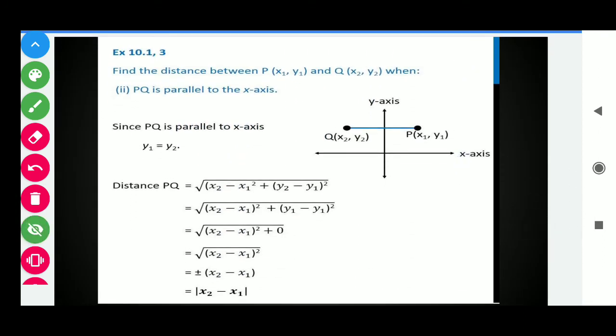If PQ is parallel to the x-axis, and we plot the points, then clearly y is the same throughout the complete line. In this way y2 minus y1, because both values are equal, vanishes. We get the square root of (x2 minus x1) whole squared. In the same way we write x2 minus x1 in modulus sign because distance must be positive.